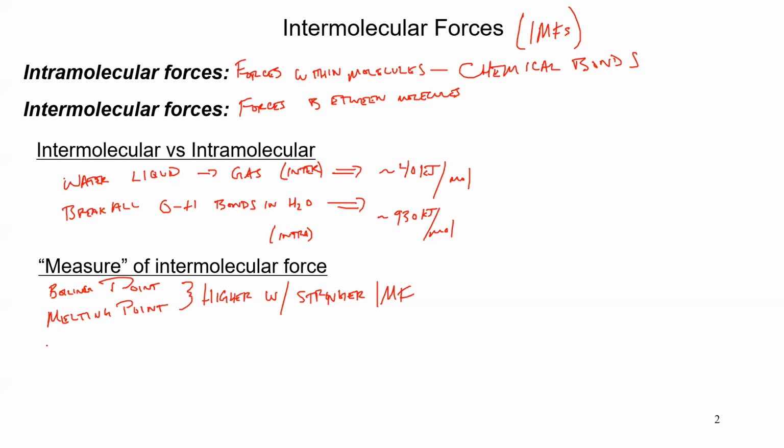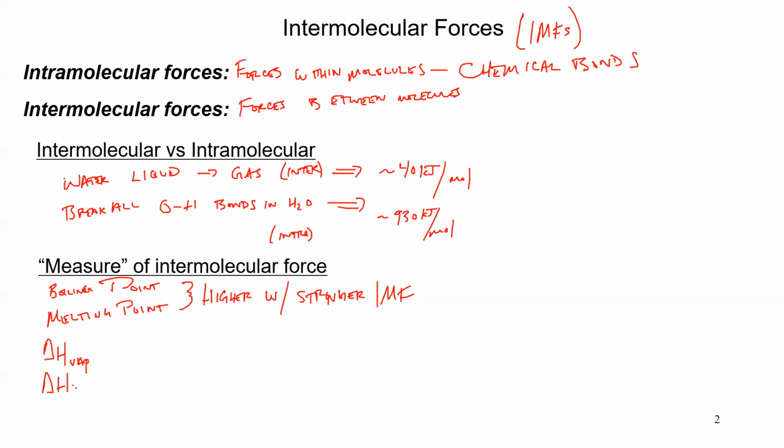Now we're going to talk about three different transitions, three different phase changes, and each of those phase changes requires some amount of energy. Those energies, remember from chapter 6, we call enthalpies. And so we have the enthalpy change associated with vaporization, so that's what we call boiling. And so delta H vap is our enthalpy of vaporization.